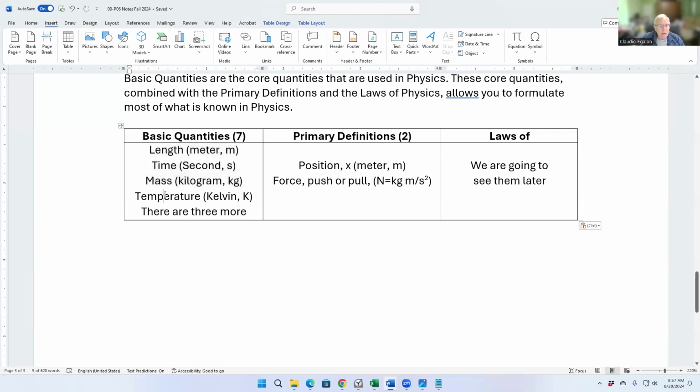Later on, we came up with this other concept of temperature. What is hot, what's cold, right? During this time, we were relying only on our senses to make this type of measurement, right?